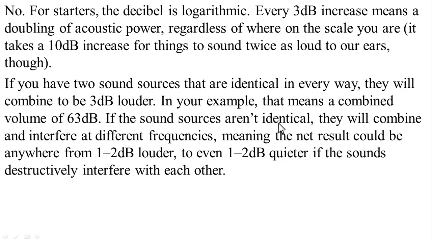If the sound sources are not identical, they will combine and interfere at different frequencies, meaning the net result could be anywhere from 1 to 2 decibel louder, or even 1 to 2 decibel quieter if the sounds interfere with each other.